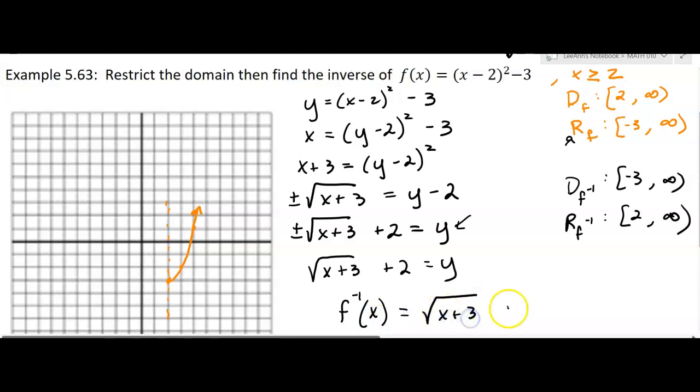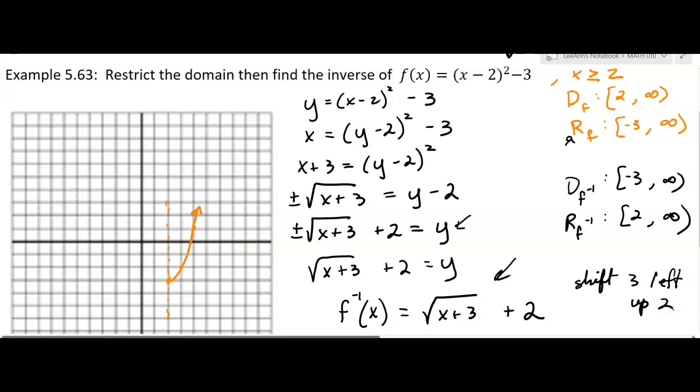Now, the great thing about what we've already done with our toolkit functions and our transformations is we know what this looks like. We know it's a square root curve, and it's going to be shifted 3 to the left and up 2. So shift 3 left and up 2.